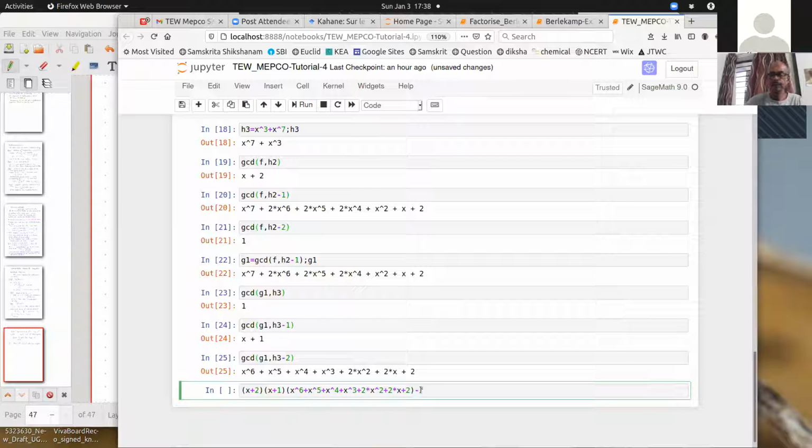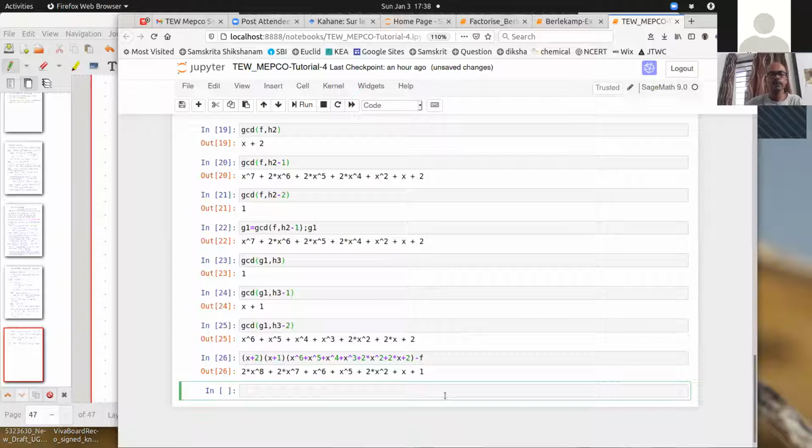Minus f. So minus f, and then what do we see? Yes. Okay, so there is a mistake somewhere. Where did I make the mistake? One second.